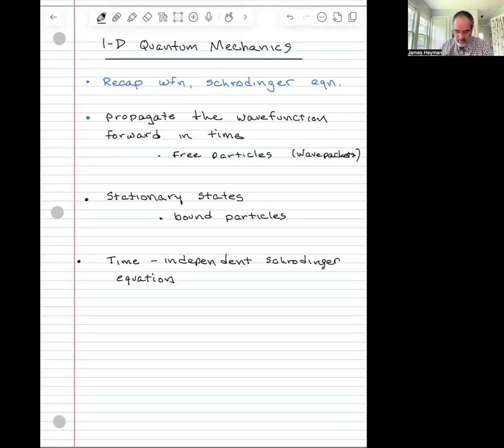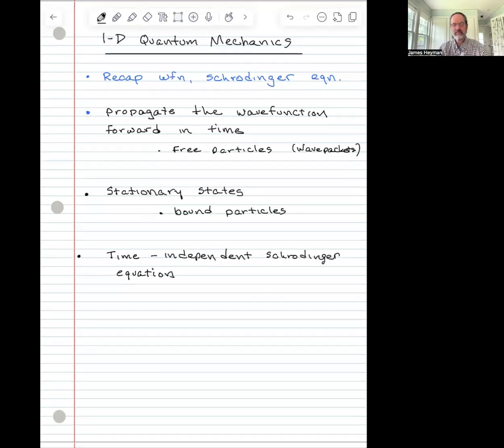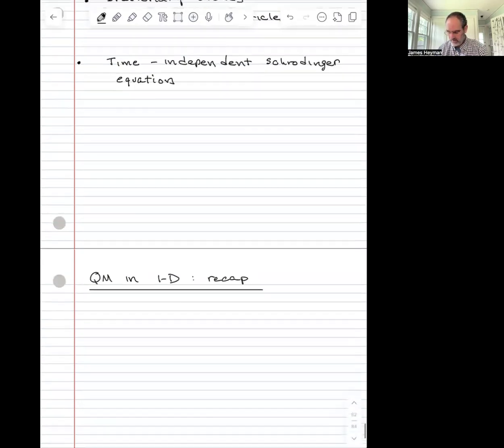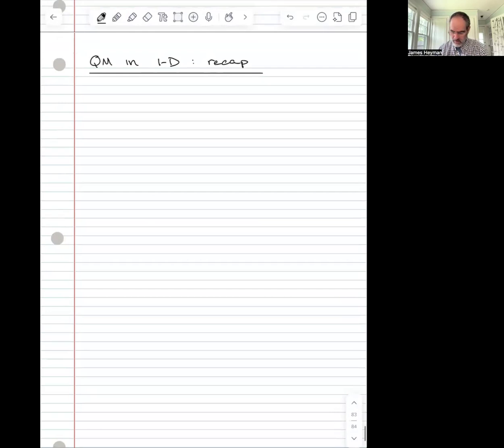All right, well, here, let's quickly recap what we've learned, and then we'll get started. Okay, well, here. So the first thing is we introduce the wave function, which we represented as psi of x and t. Okay?